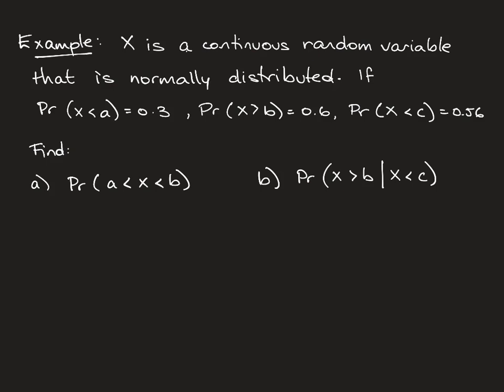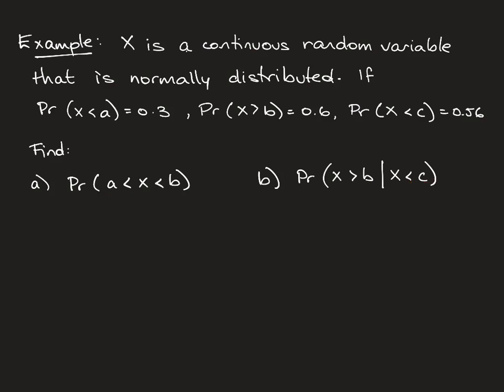X is a continuous random variable that is normally distributed. If the probability that x is less than a is 0.3, probability that x is greater than b is 0.6, and the probability that x is less than c is 0.56, find the probability that x is between a and b, and find the probability that x is greater than b given that x is less than c.